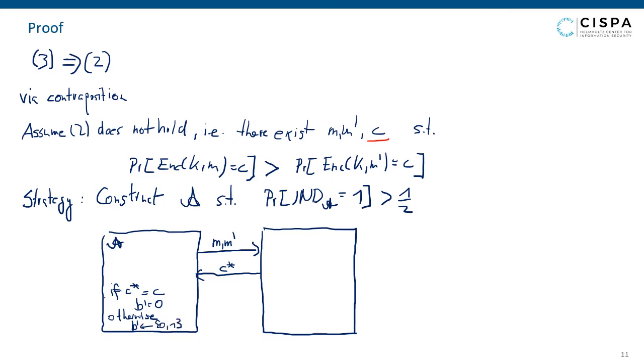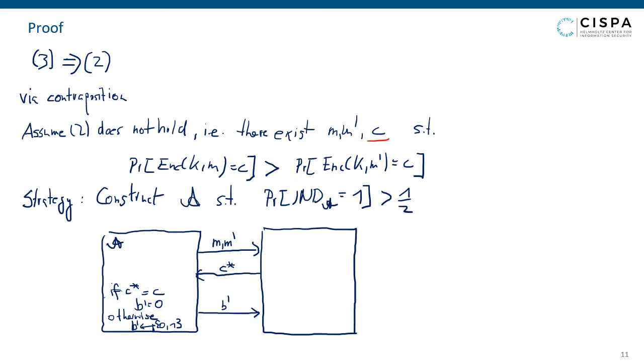Could also just always send 1, it would work the same way. And send back this B prime.